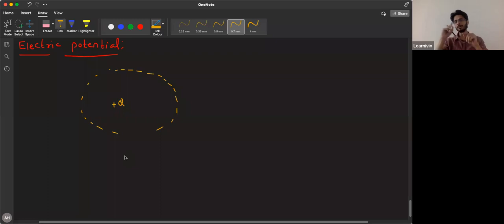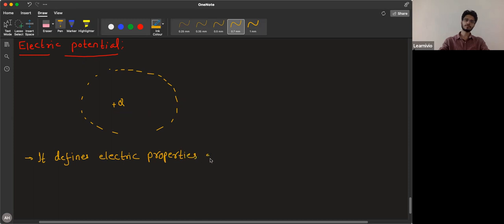We relate field with force, but we relate potential with work. So what is electric potential? It defines electrical properties of a charge in scalar form.